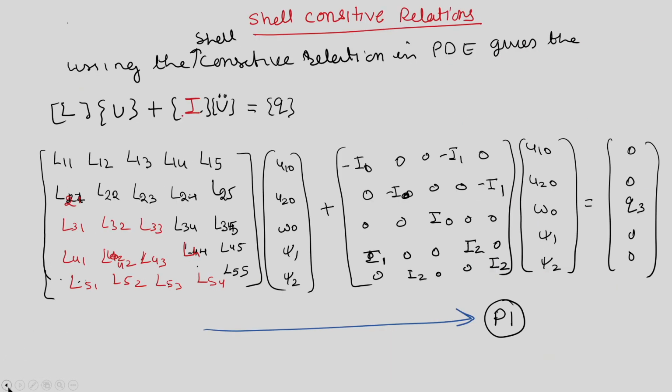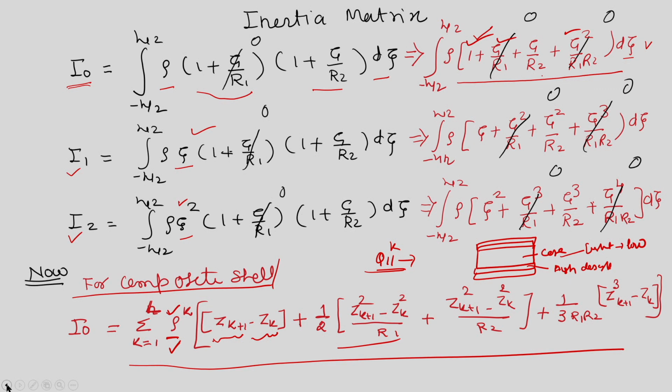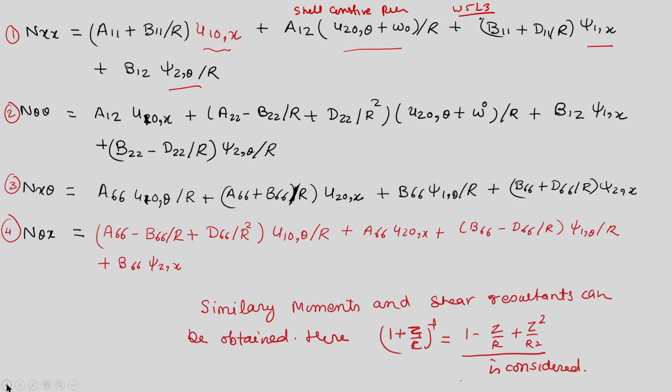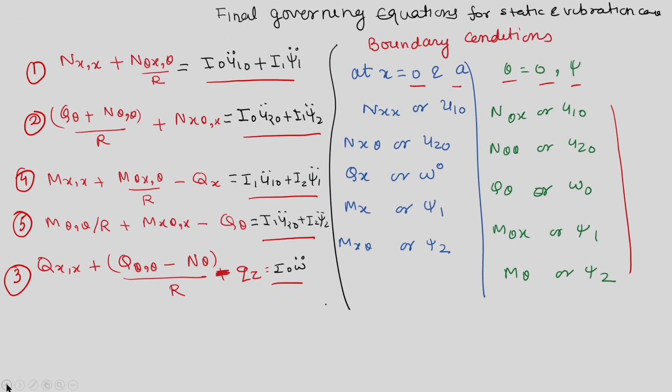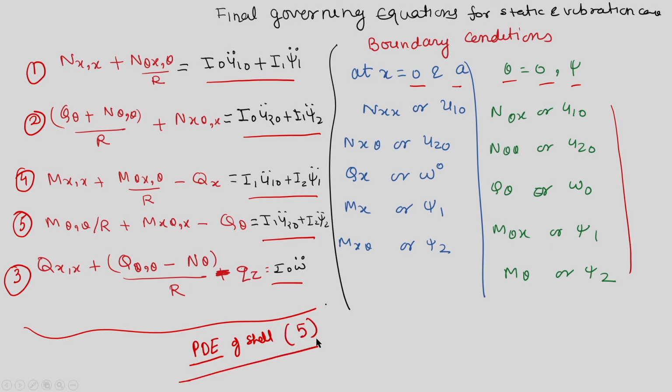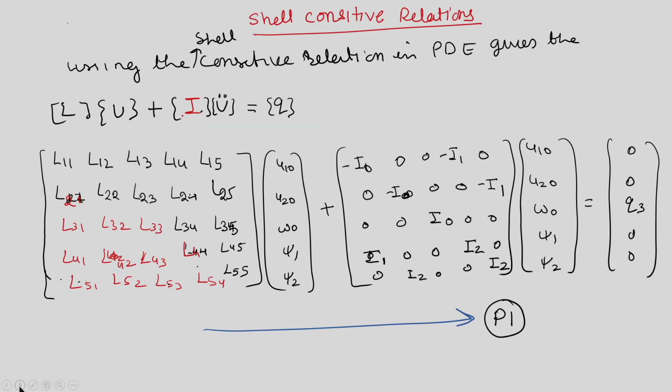Now, using the shell constitutive relations, if we substitute them into the partial differential equations, PDE, of the shell, which are five in number, that leads to an equation like this.